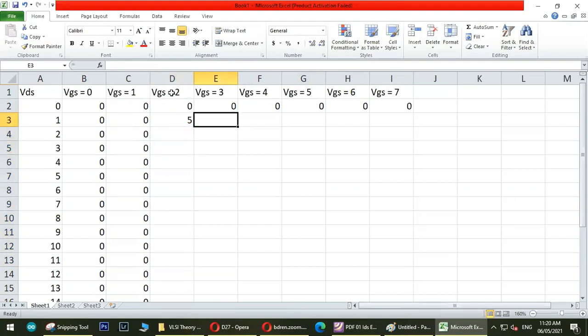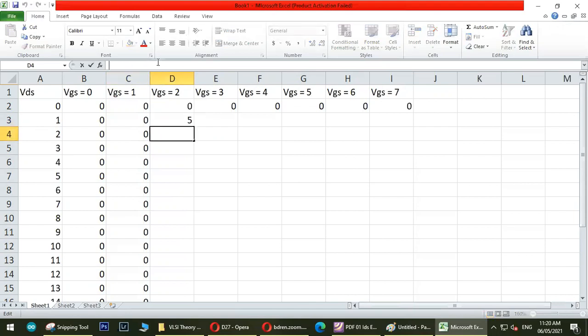Why? Because here you can see VGS is equal to 2 volt and your VT is equal to 1 volt, so VGS minus VT will be equal to 1. So here is only the linear region. From there, you will have to use the saturation formula.